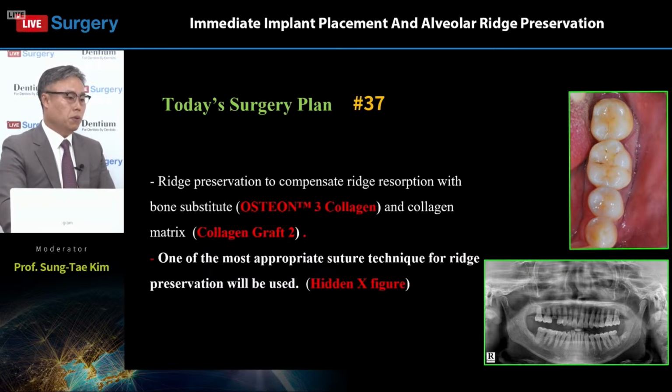That's why people like the matrix suture or X figure suture. And also the hidden X suture, I'm going to show later a paper about that, and there's some advantage of this suture.